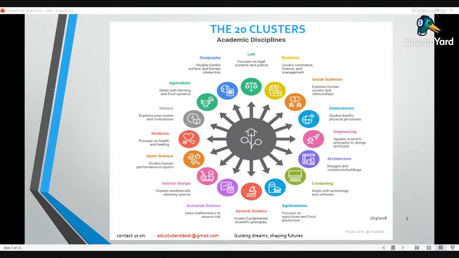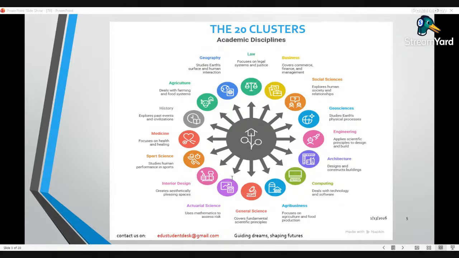This is about designing. Cluster 7, it's the computer wizards, those who like programming or coding. This is where your courses belong. Cluster 8, agribusiness and related. Cluster 9, it's about sciences.